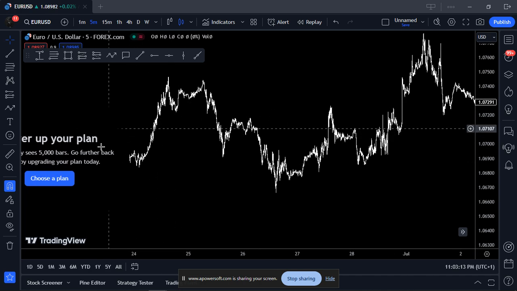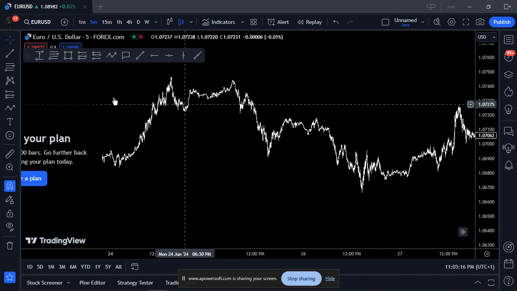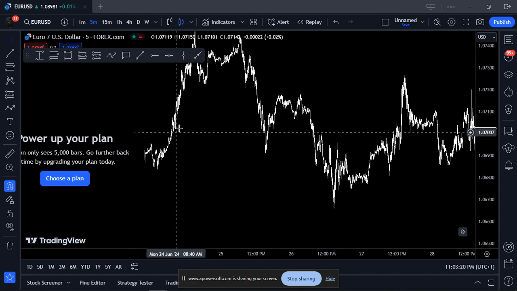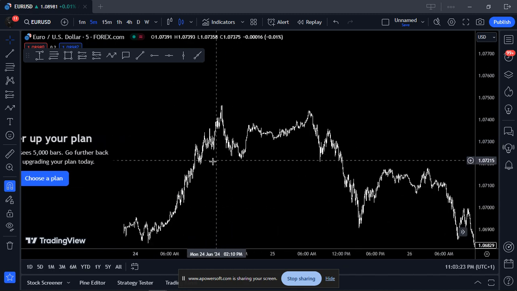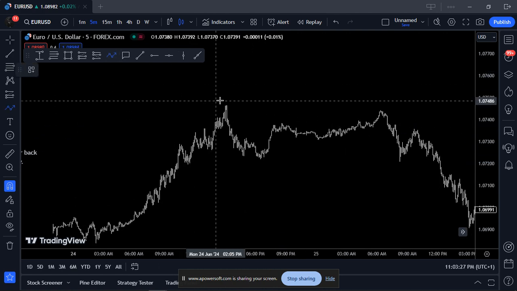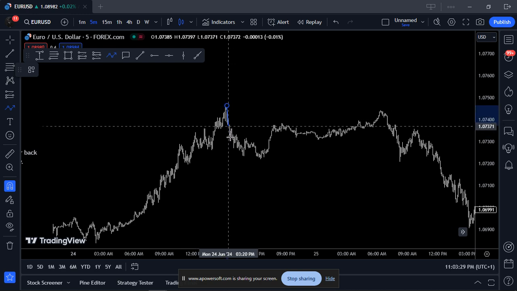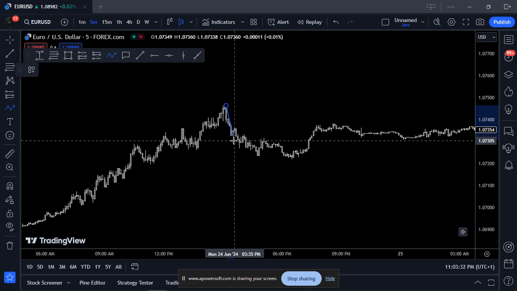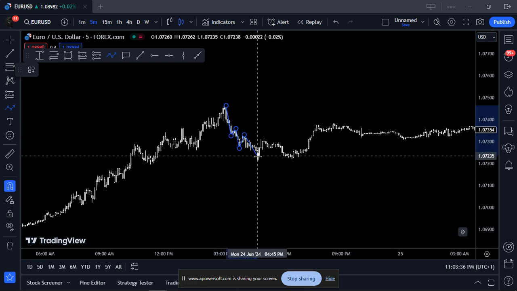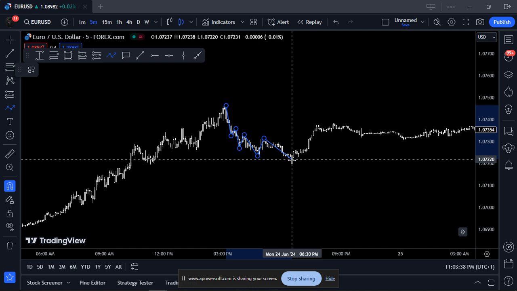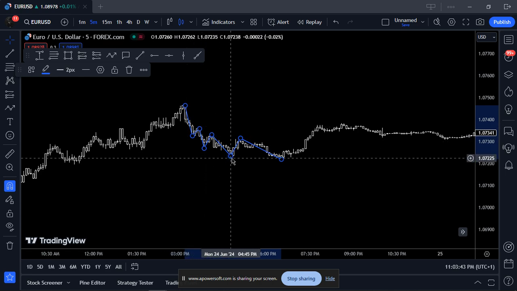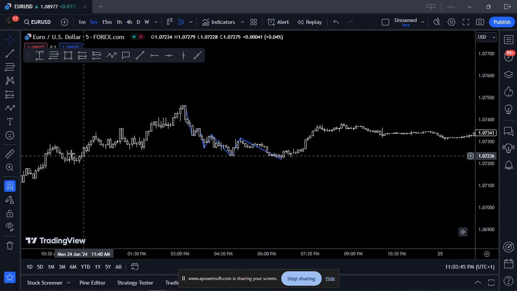Sorry, this is where my plan ends, but I see it here. That's it for a down movement. You have it here. You have the down moves. You see, market is creating lower lows and lower highs.